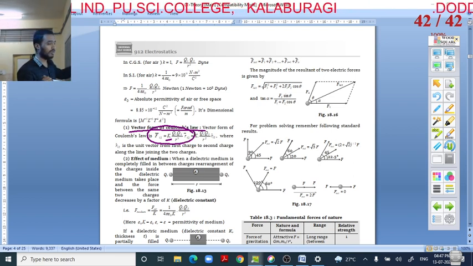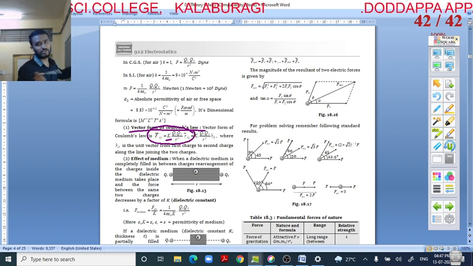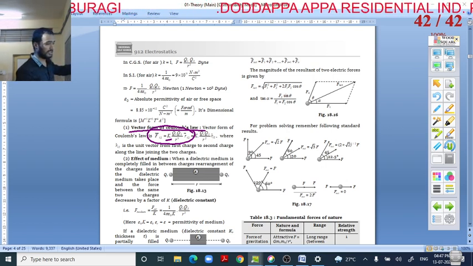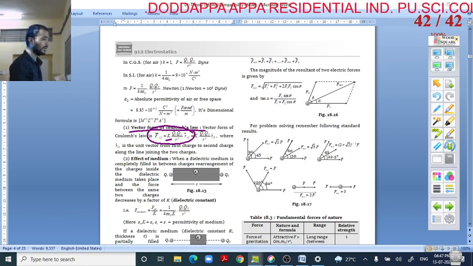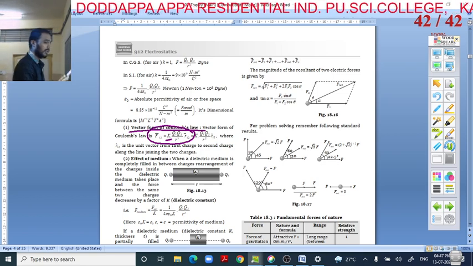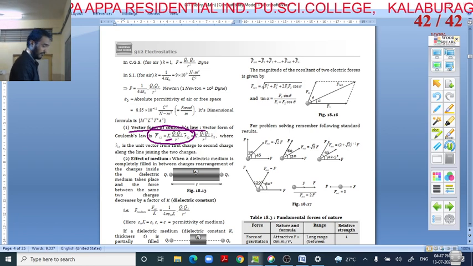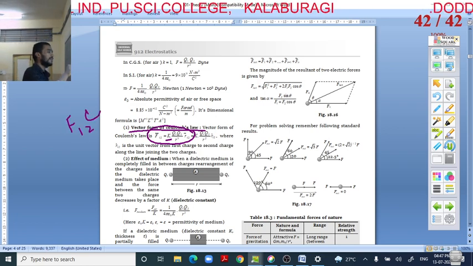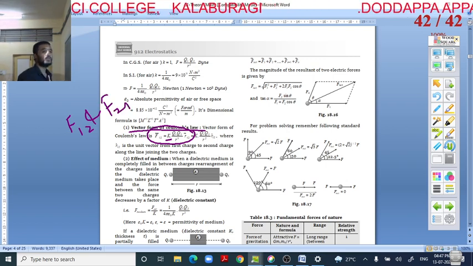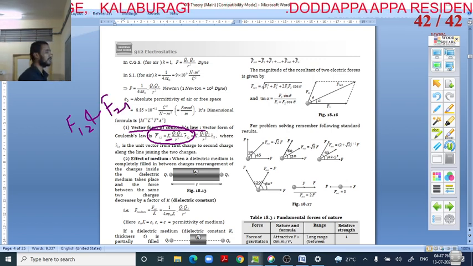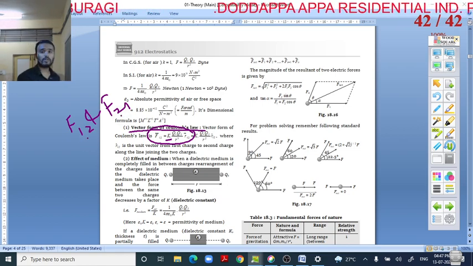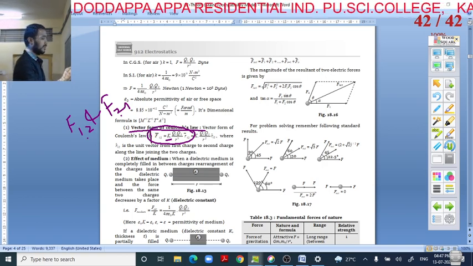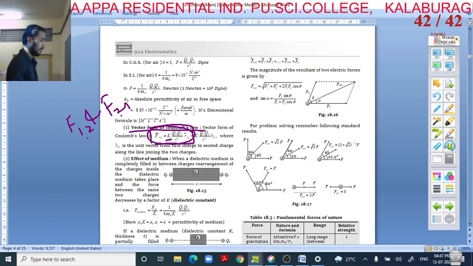I hope you know how to represent the direction or position vector. Based on that, I am explaining this. Next, at the same time F21 also we can define. F12 and F21 are the internal forces of both the particles, so both are equal in magnitude and opposite in direction. So this is the vector form of Coulomb's law.